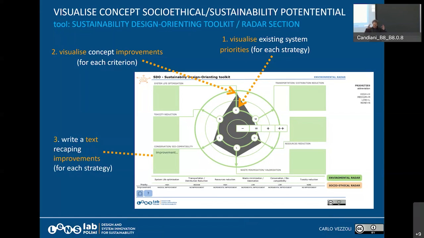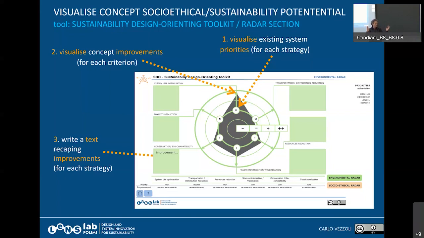Okay, and this is a synthetic way, and it could be used even as a visual tool to be presented internally to the company, if you're a designer internal to the company, or if you are designing for a company or a stakeholder, because up to a system level, you may be co-designing with more than one.